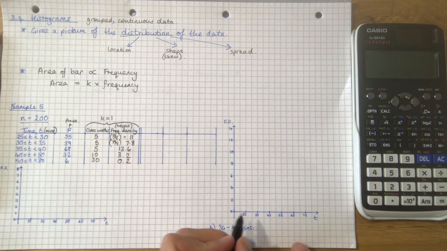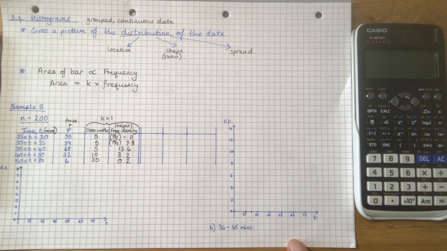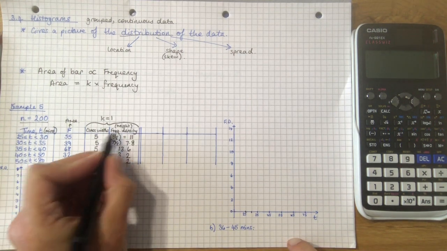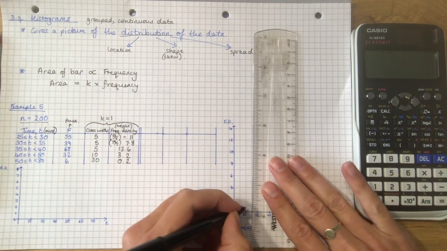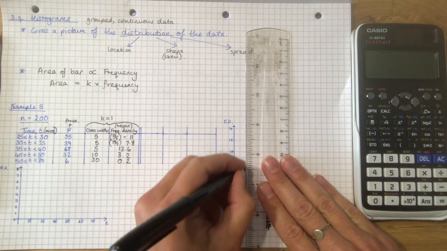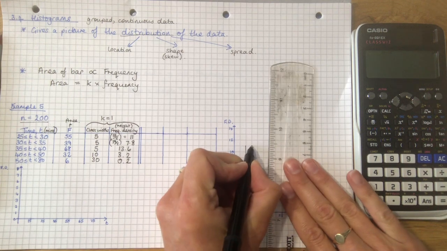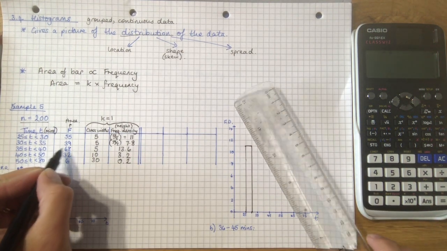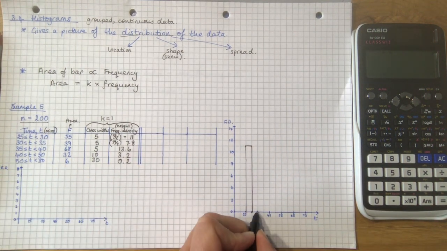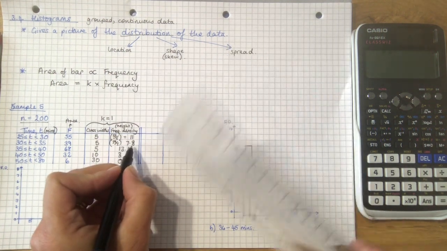From 25 to 30, so from there to there, we need to draw a bar with a height of 11. Then from 30 to 35, the height is 7.8.